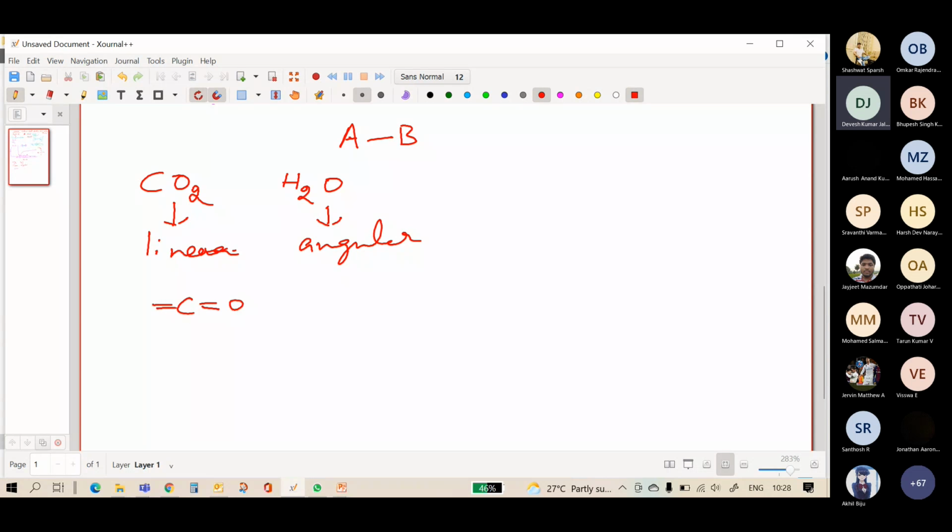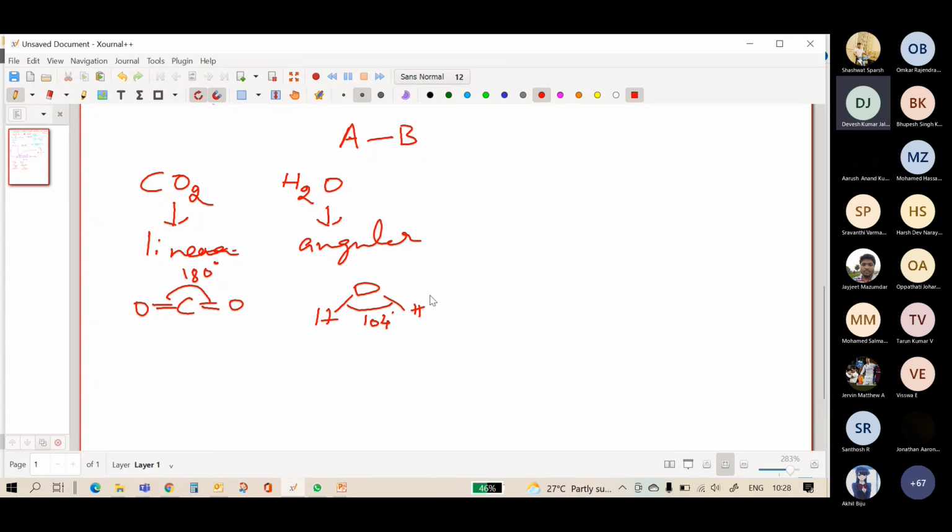Carbon dioxide is like this, and water is like this. What is the angle? So the angle is 180 degrees, and here the angle is approximately 104 degrees or something like that.